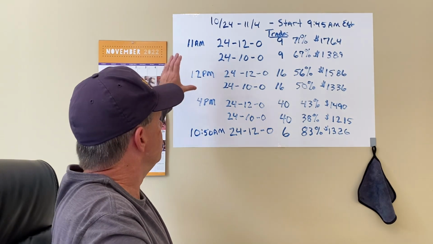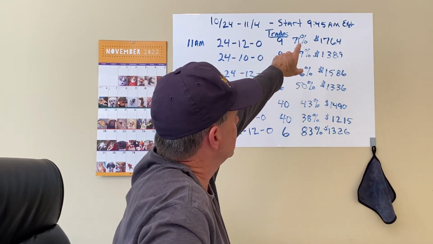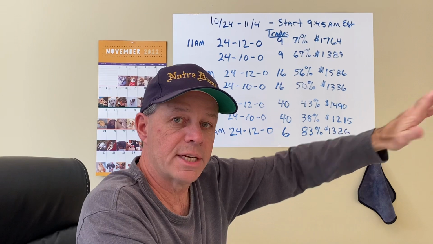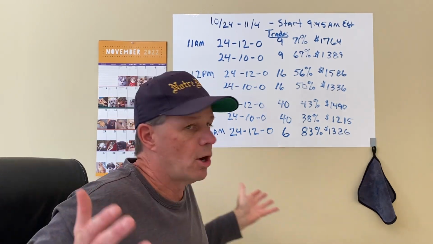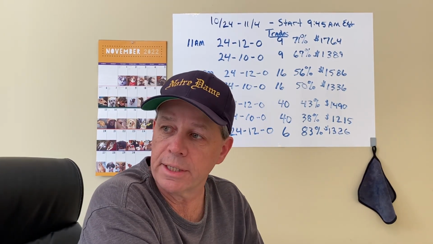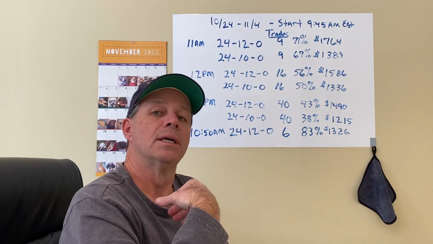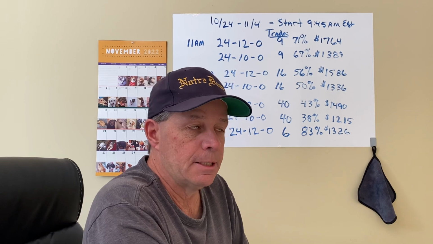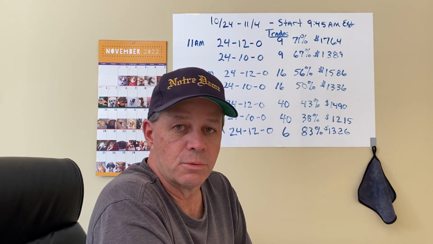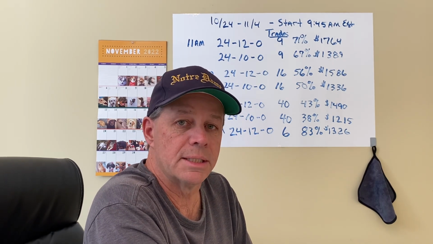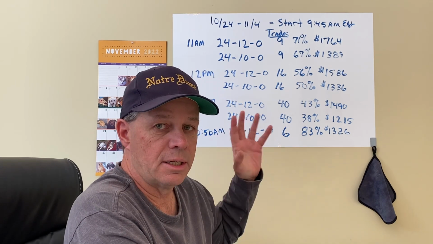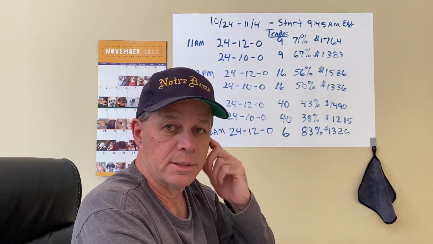And we started at 9:45 Eastern Standard Time. Again, pre-market, I really don't see this working. There's just not enough follow through. So I didn't want to waste my time on that. There are exceptions to the rule, but in general, I want to be when the market's running.